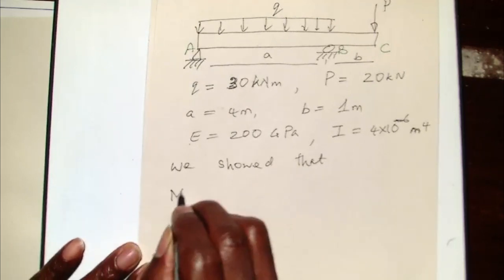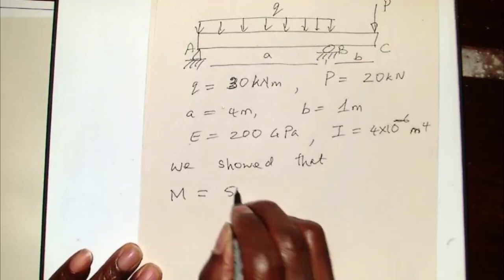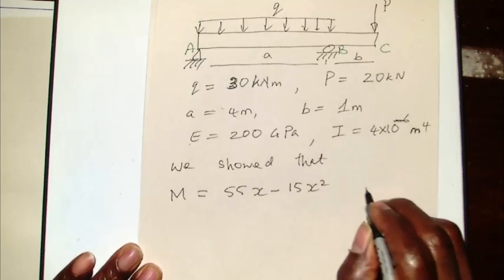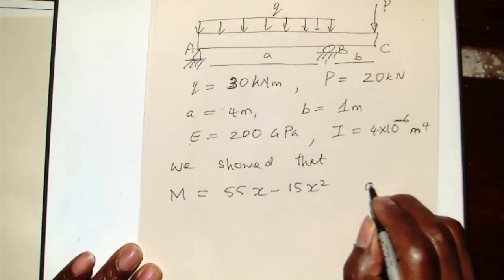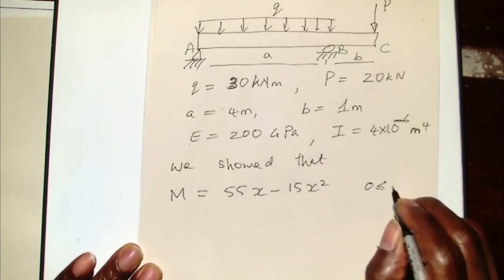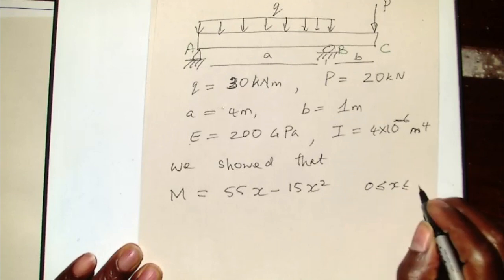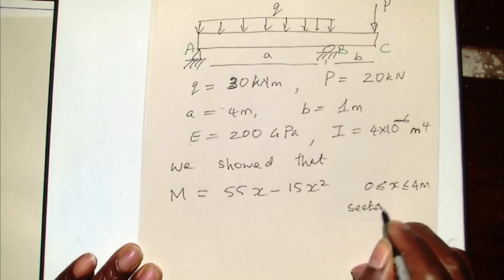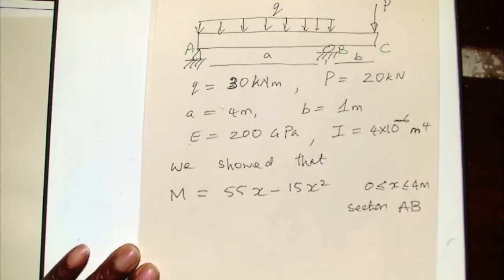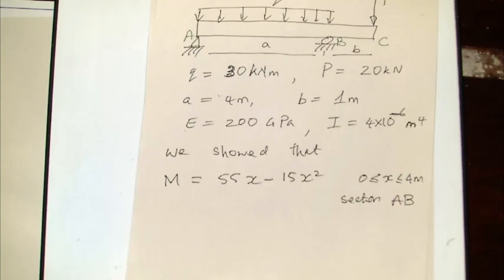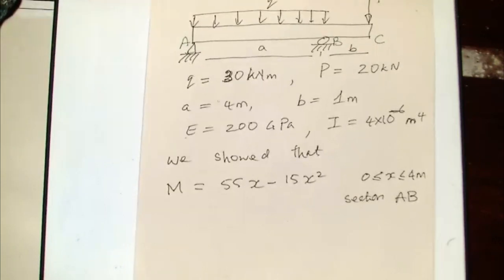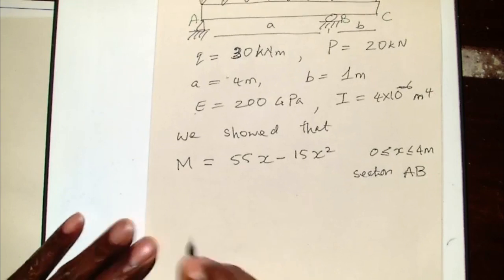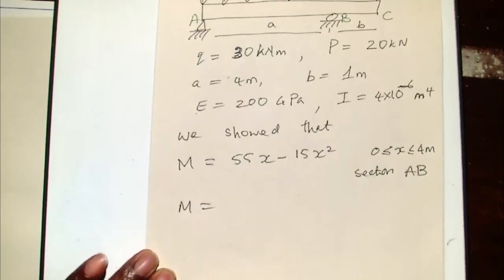We've already shown that the bending moment is 55x minus 15x squared for the section between end A and point B. So we showed that last Thursday. If you missed the lecture last Thursday, you might want to check the solution given online.